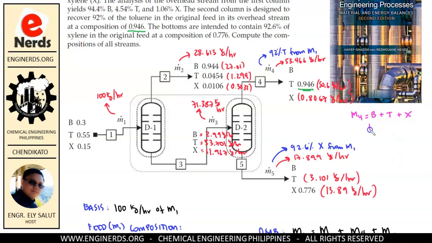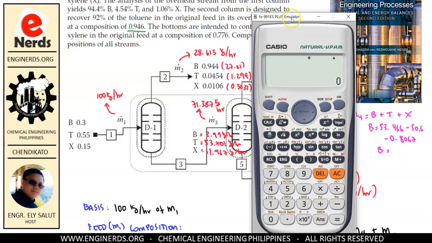Okay, so therefore our benzene is equal to M4, which is 53.466 minus our toluene, which is 50.6 minus our xylene, which is 0.8067. So therefore our benzene is equal to, let us calculate that again.